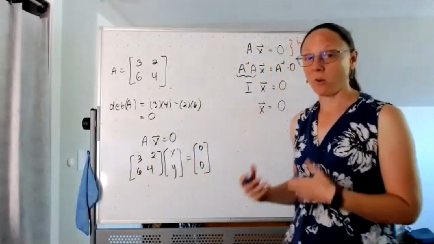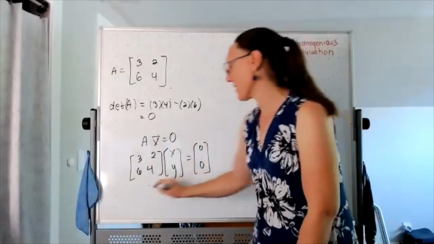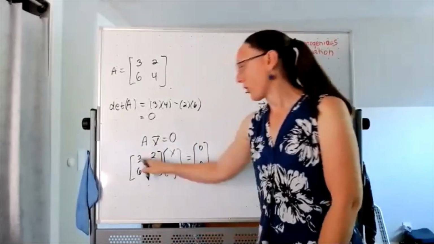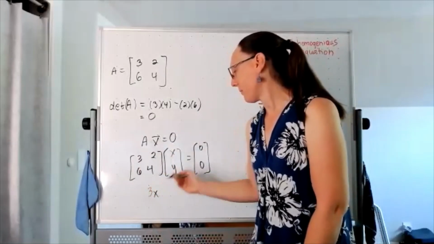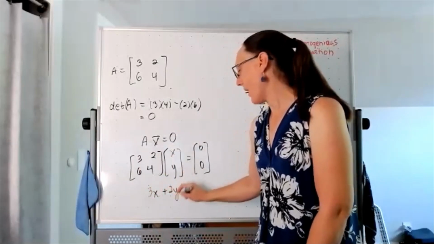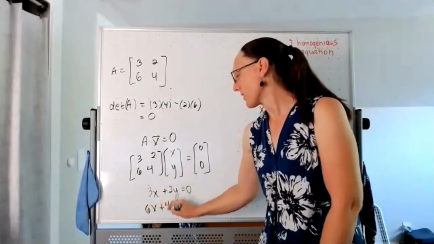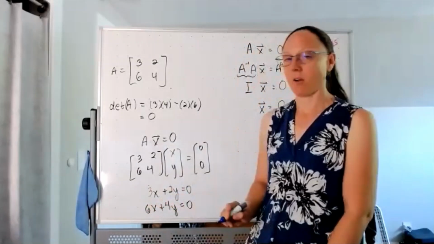Well, if I multiply that out to form that system of equations, that says that 3x plus 2y is equal to 0, and 6x plus 4y is equal to 0.